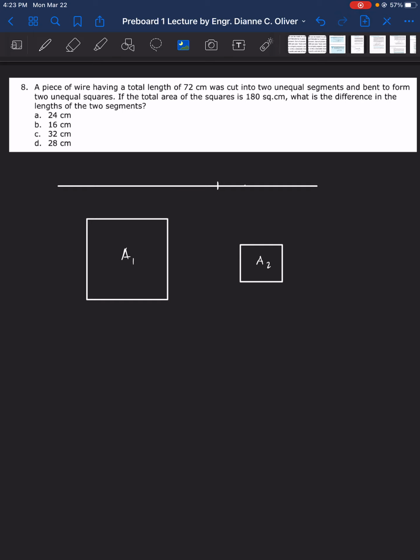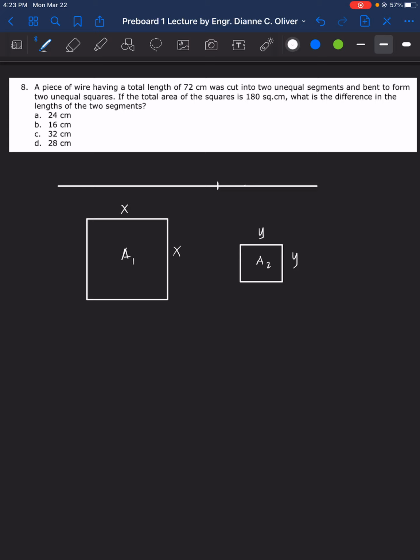So we have here the piece of wire, which was cut into 2 unequal segments and then formed 2 unequal squares. So we have here squares of area 1 and area 2. That means the dimension for this is, let's say this is x, then this is y.